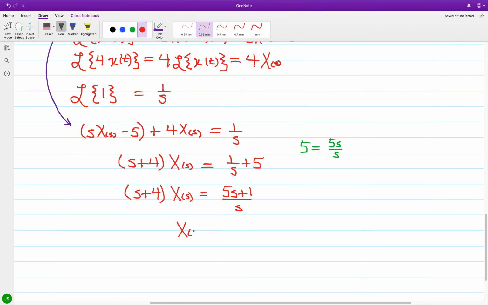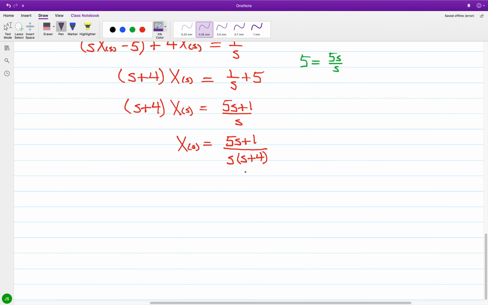Putting the expression in terms of the Laplace transform x of s, we have 5s plus 1 all over s times the quantity s plus 4. Now I'm going to go back to the beloved exercise of partial fraction decomposition.